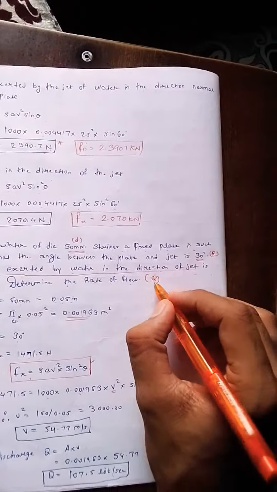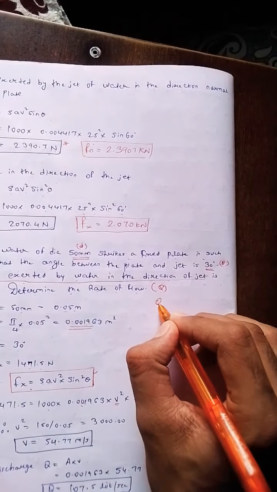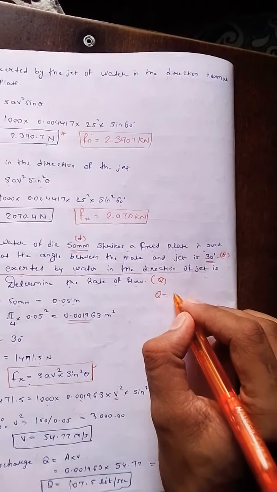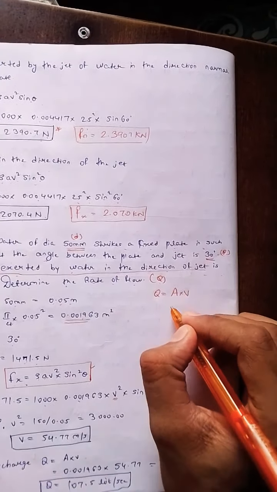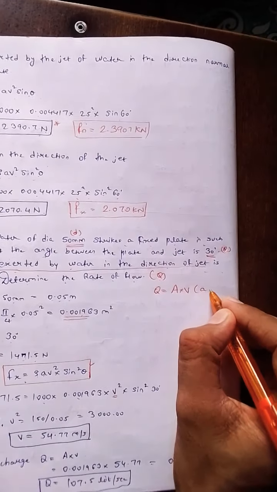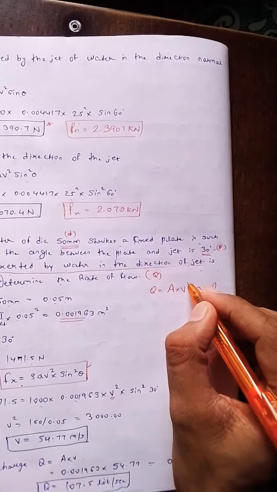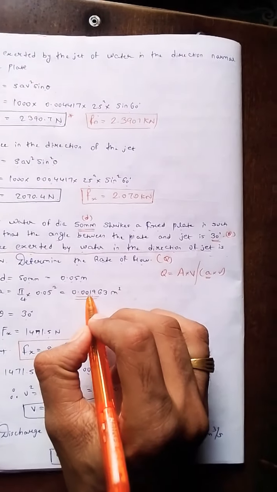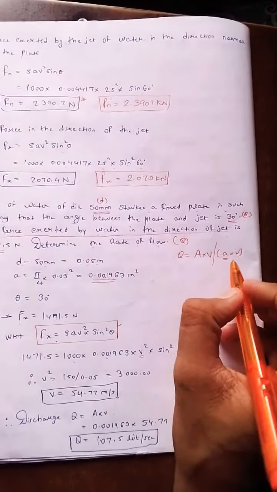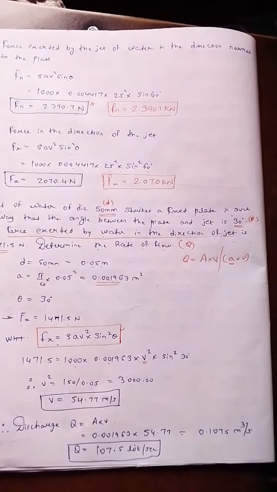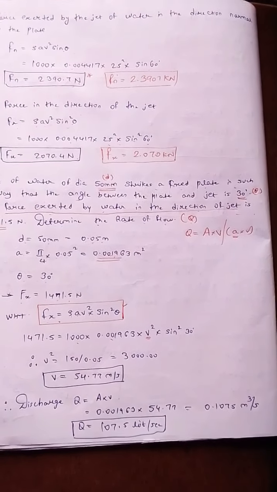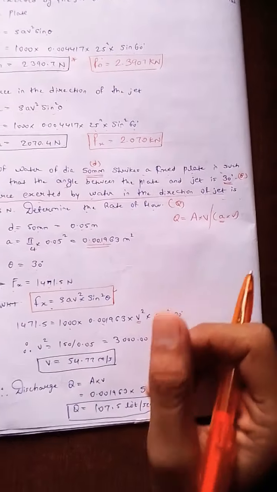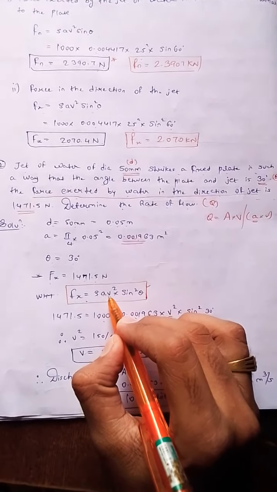If you notice, the equation of discharge is Q equal to area into velocity, correct? We can also write this as A into V, correct? So we know the value of area, correct? So we are dealing with only one unknown, V. So we can find the value of V from this equation.